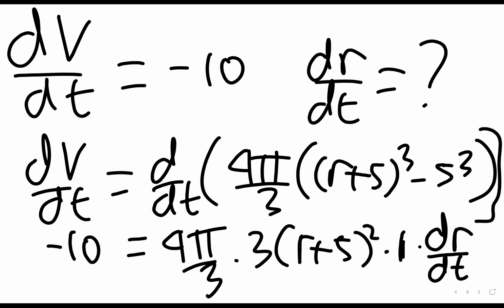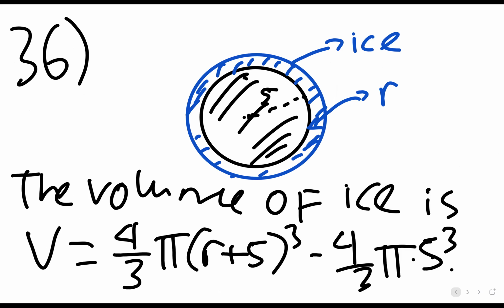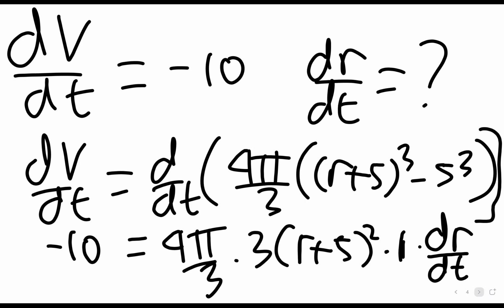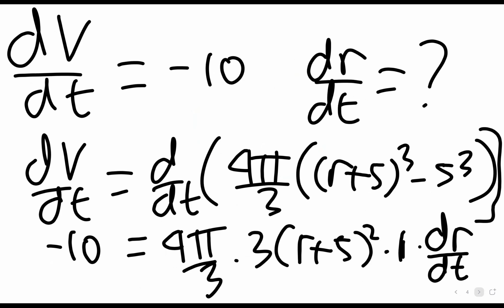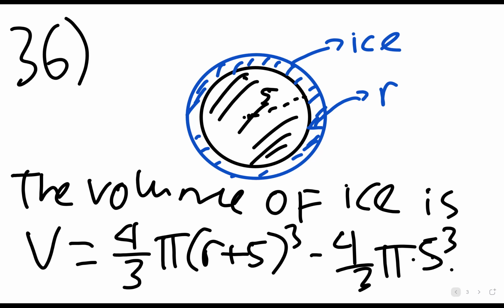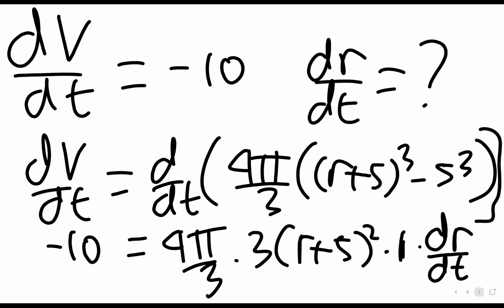So in terms of this variable, we should ask: what is dr/dt? We can obtain dr/dt from the formula of V by taking the derivative with respect to t. So dV/dt equals minus 10, but it also equals the derivative of 4 pi over 3 multiplied by (r plus 5) to the power 3 minus 5 to the power 3.